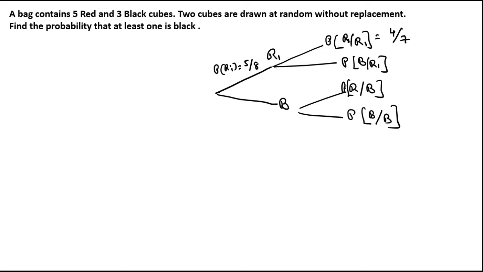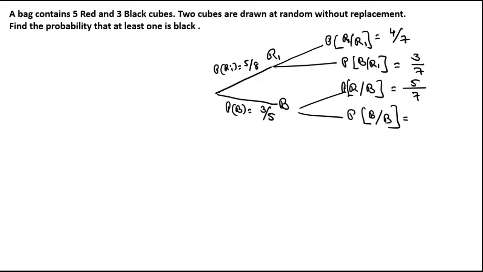Similarly here it is black, total is 7 only, and total black cubes is 3, so 3 by 7. Probability of black first is 3 by 8. Black has happened, what is the probability of getting red? 5 red is there, so 5 by 7.